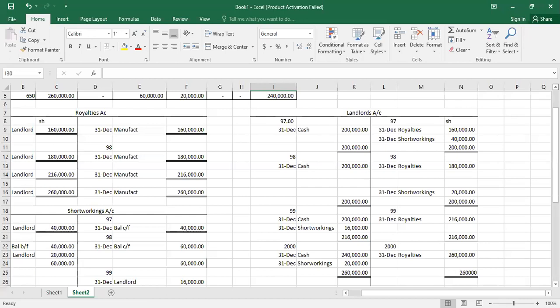Yes. The only hurdle there was to appreciate that we had the short workings, and these short workings were fully amortized in the third year. But we had to write off because of the condition of the subsequent 2 years. Any question?